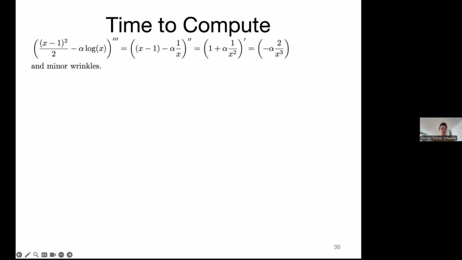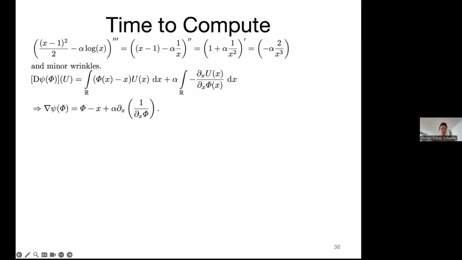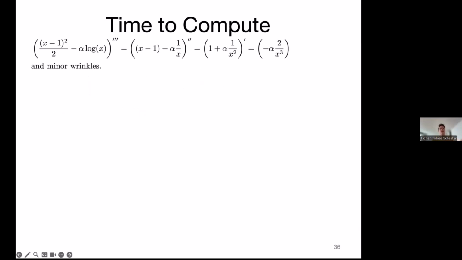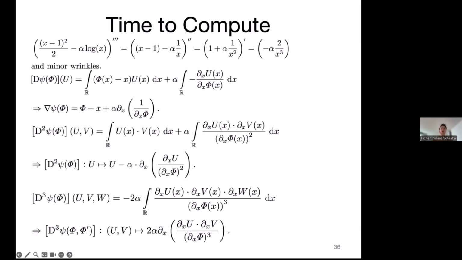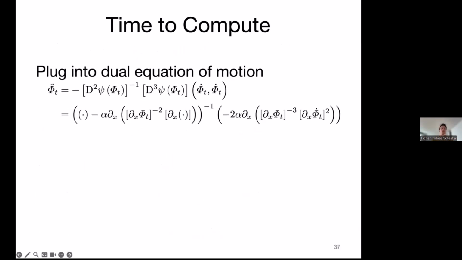And then we just basically have to compute all these terms for our particular choice of deformation map. It's basically this scalar, right? We have this squared minus alpha log of our variable, and now we just have to take three derivatives to compute all these quantities that appear here. I mean, this is just turning the crank.